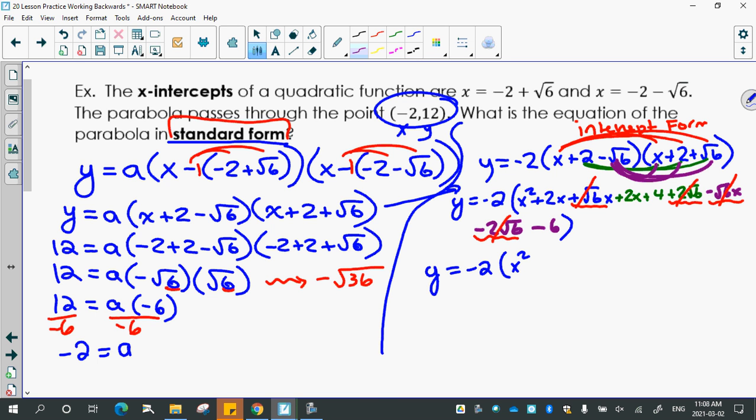No. Is there any other x terms? Positive 2x and another positive 2x gives me positive 4x. And then I have positive 4 and negative 6, just plain numbers. When I collect them, positive 4 and negative 6, I'm going to get negative 2.